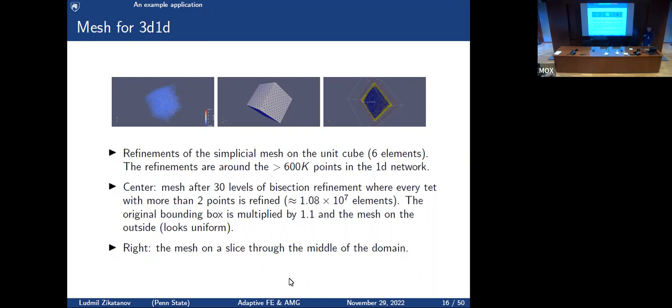The mesh looks uniform because we have expanded a little bit the bounding box to contain the whole network. But if you cut it in the middle, you can see how adaptive it is. Okay, so this kind of 3D-1D problem is what one wants to solve on this type of mesh. And yesterday we had a wonderful talk by Anna on this.